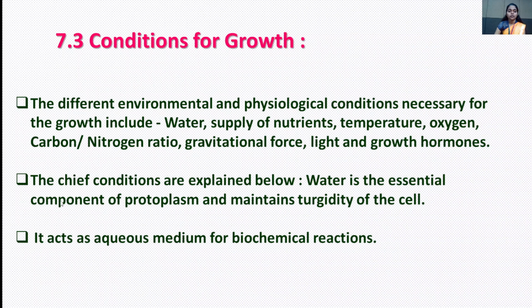The chief conditions are explained below. Water is an essential component of protoplasm and maintains turgidity of the cell. Do you know water is a very important, essential component for growth in any plant? It acts as an aqueous medium for biochemical reactions.